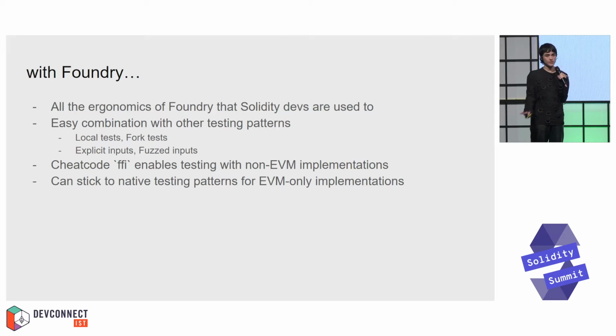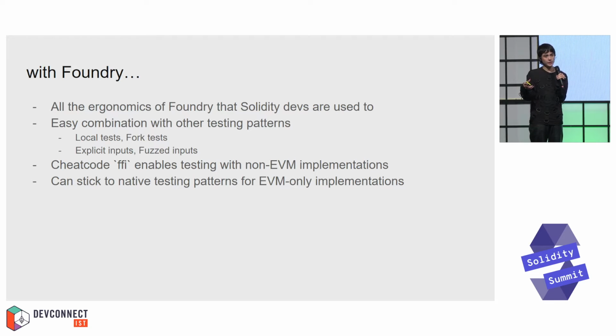Specifically, for differential testing with Foundry, there's a couple of reasons why you want to do this. It's pretty simple. You can access all the ergonomics of Foundry that Solidity devs are used to having. You can combine differential testing with other testing methods and patterns, be it local testing or fork testing against mainnet, writing explicit inputs, or accessing the Foundry fuzzer.